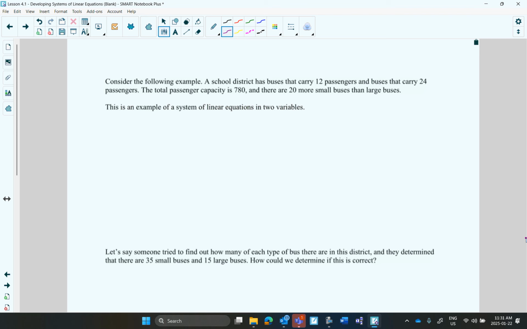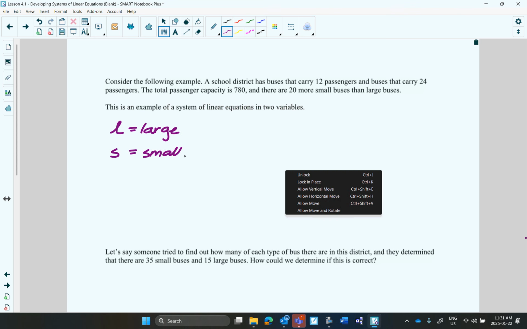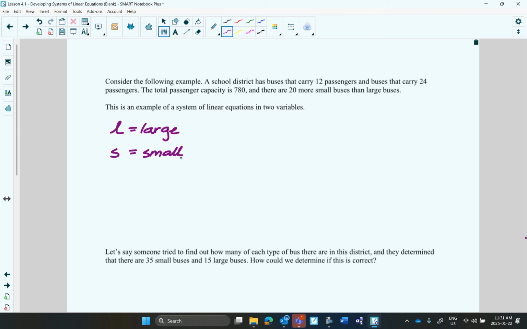So we've got 2 unknowns here, buses. We've got large buses, which we're going to call L. We've got small buses, which we're going to call S. Now somehow, I have to make up a system using all the information in this problem. So I have to make up 2 equations.